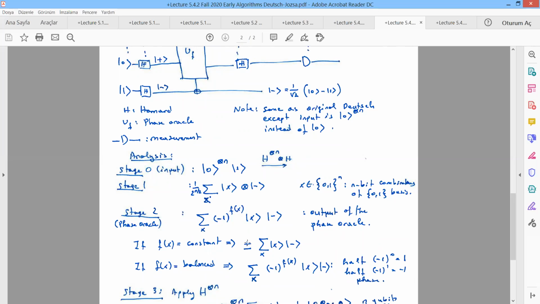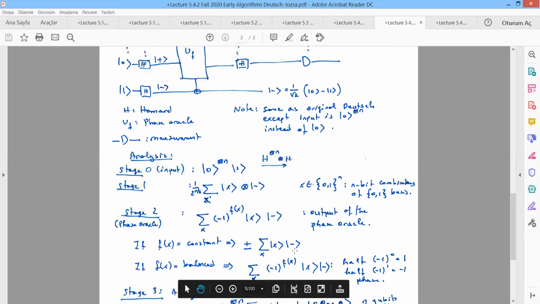So that is a plus or a minus. -1 to the 1 is a -1, and -1 to the 0 is a +1. So in case f of x is constant, this output of the phase oracle becomes this plus or minus linear superposition of ket x. We also have, of course, this normalization constant in the front. I neglected it over here, but there's also this normalization constant in the front.